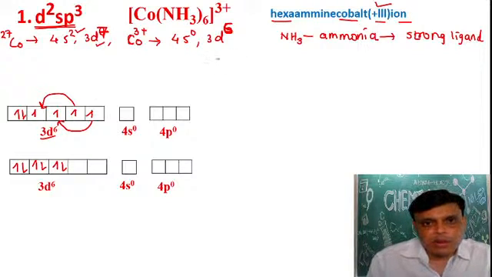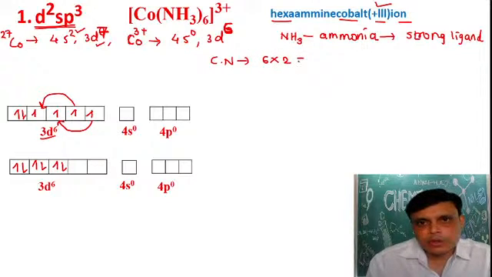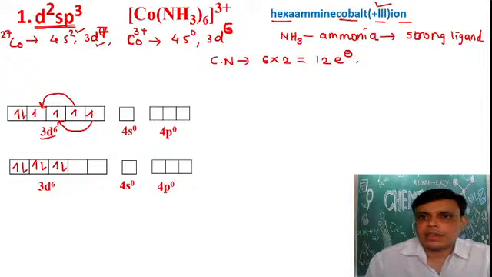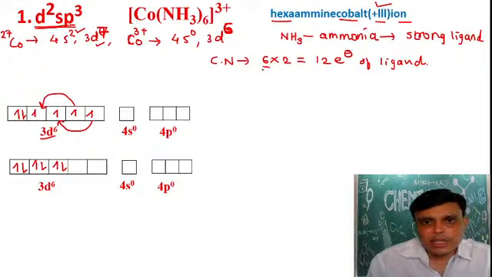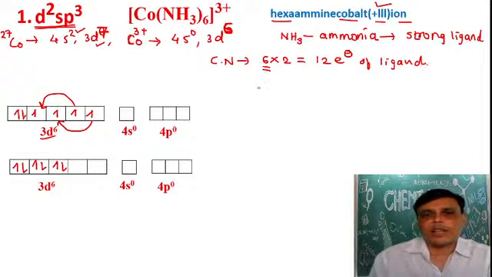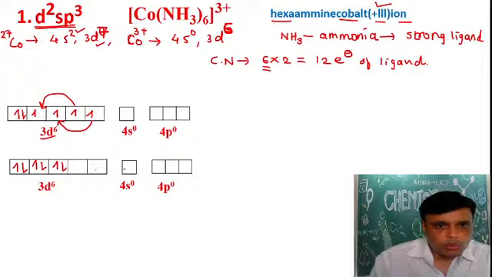Now coordination number 6 hai, that means 6 ligands are there, 6 ammonia ligands, each ligand will give you 2 electrons, so 6 into 2 total 12 electrons we have. These are 12 electrons of ligand. कोऑर्डिनेशन नंबर कितना है? 6 है. So according to the assumptions of valence bond theory, metal should have at least 6 vacant orbitals. 1 2 3 4 5 6, 6 है.